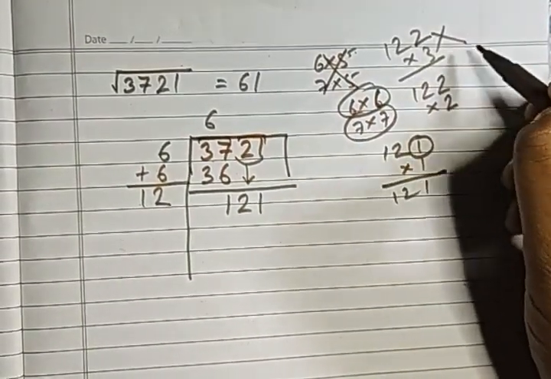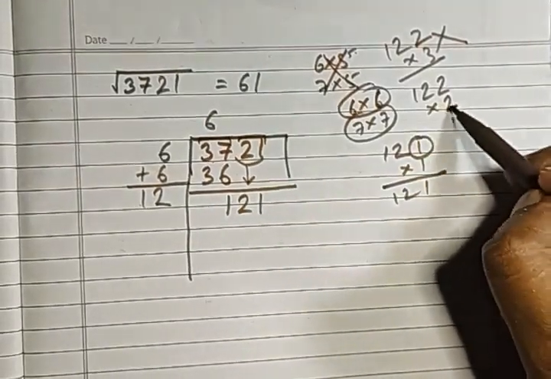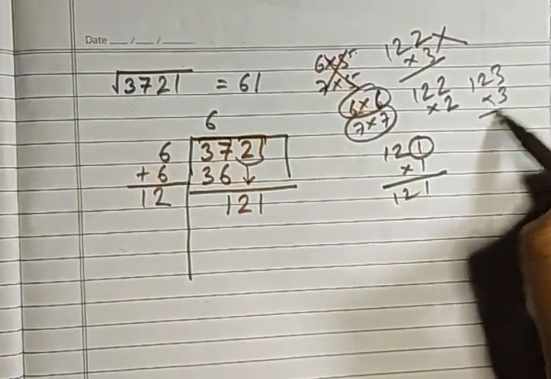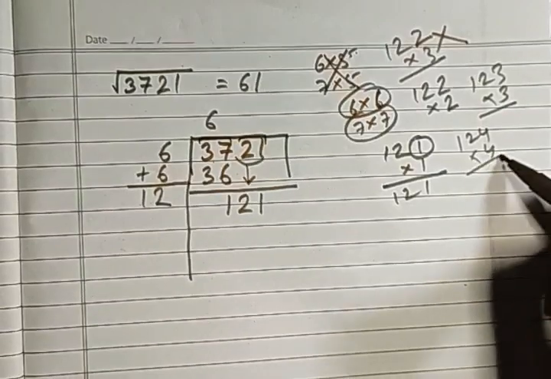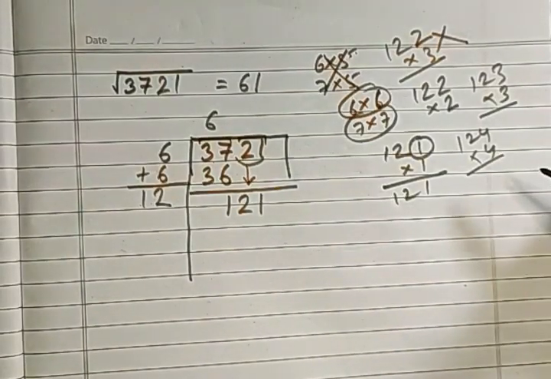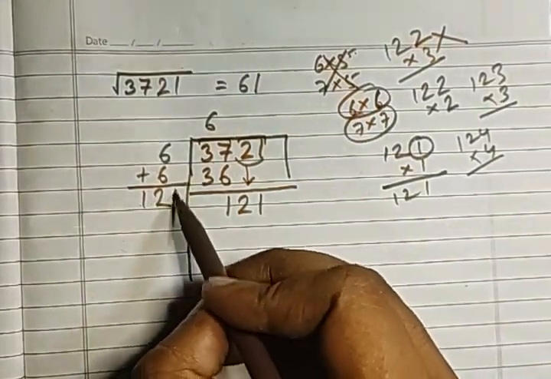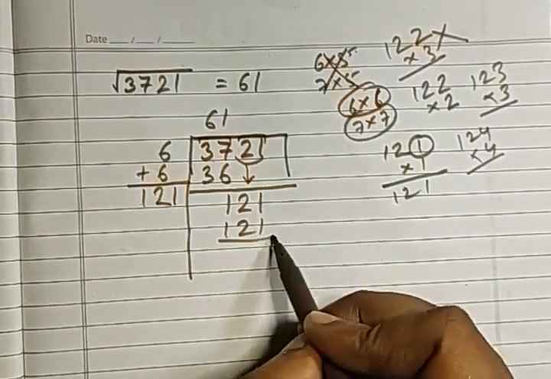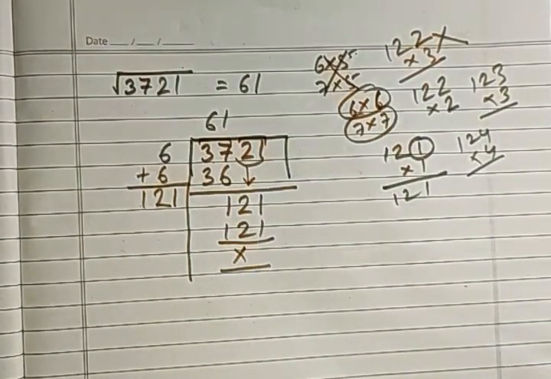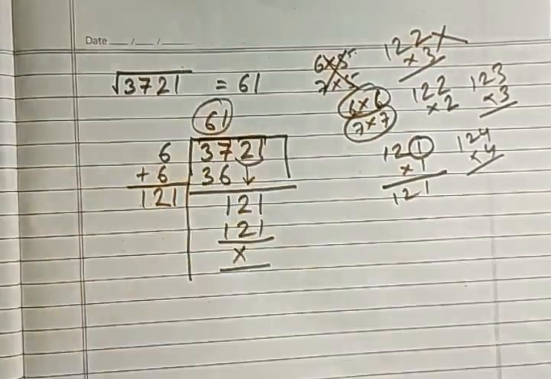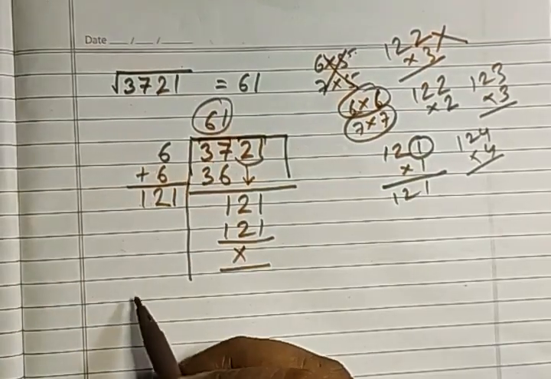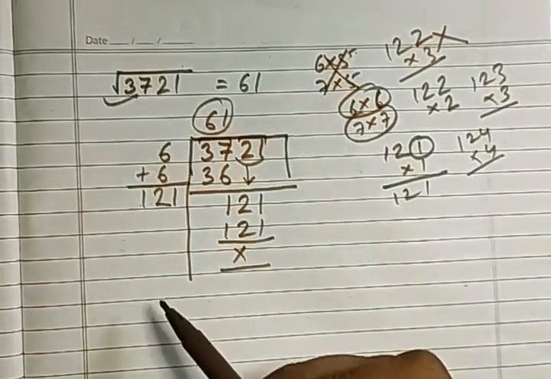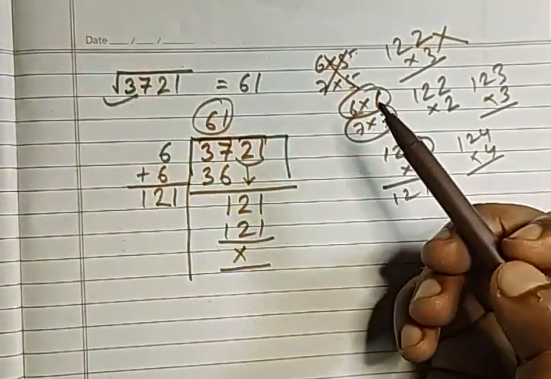You have to take 122 2s are, 123 3s are, 124 4s are, like this you have to take. So here after putting 121 ones are, we are getting 121. So this is getting cancelled, so ultimately we are getting the answer 61. So therefore root of 3721 is 61.